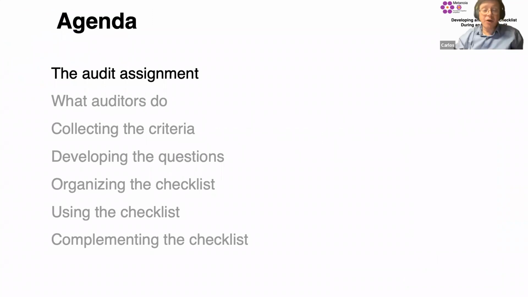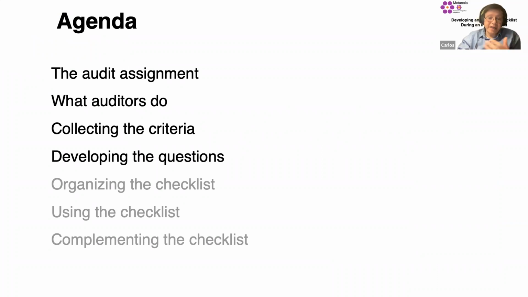So this is our agenda for today. We start with the audit assignment. Then we speak about what auditors do, and collecting the criteria is the next topic, because the audit criteria are the basis for developing a checklist. Then some techniques that I use to develop the questions in the checklist. Then comes organizing the checklist.